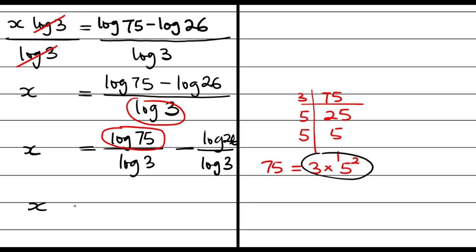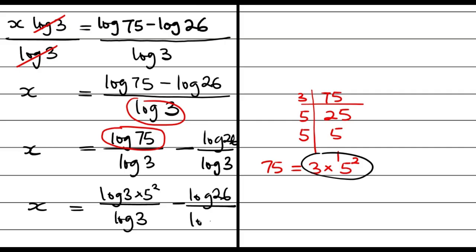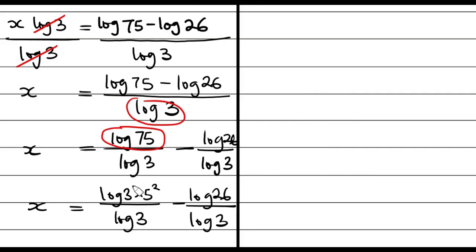I have x equals log of 3 multiplied by 5 raised to the power of 2 over log of 3, then minus log of 26 over log of 3. Actually, there is a rule in logarithm that addresses this.